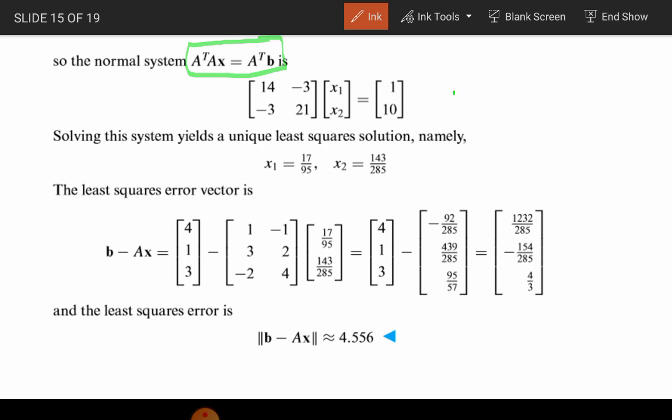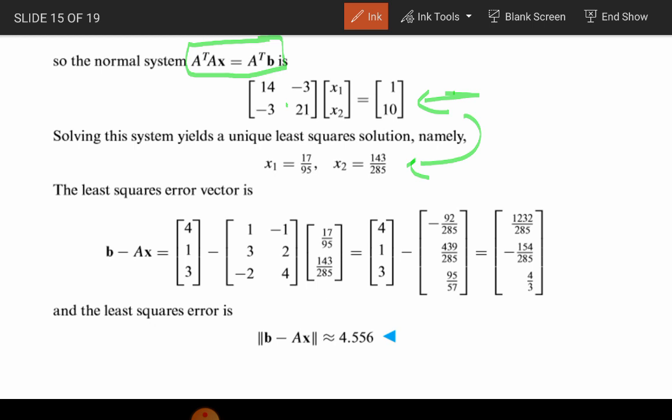From this matrix, we want to solve the unique least square solution. From here we can find the value of x. So we find the unique least square solution.